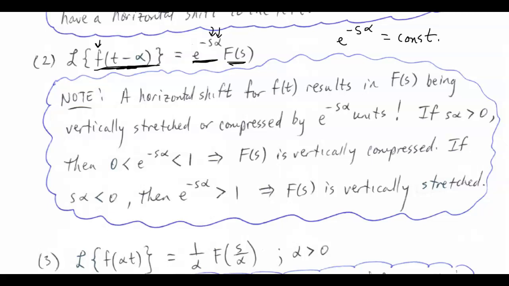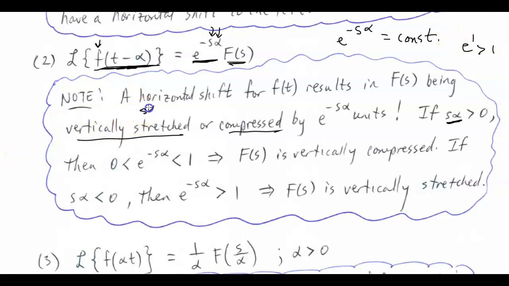Putting that in algebra terms, either I'm going to have a vertical stretch or a vertical compression. Now, of course, if s alpha is greater than 0, so if this quantity here is greater than 0, let's say it's like 1, then this is a value that's greater than 1, and that means that my actual function big F of s is being vertically stretched.